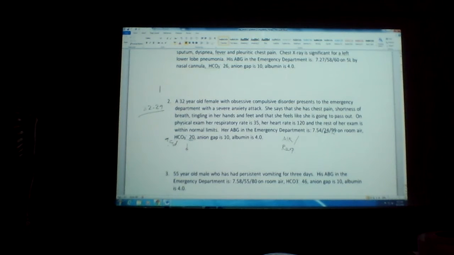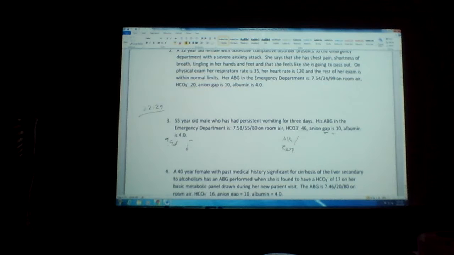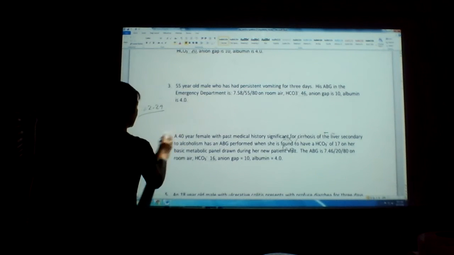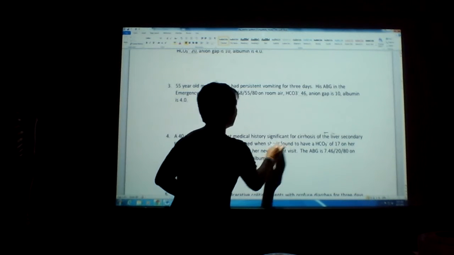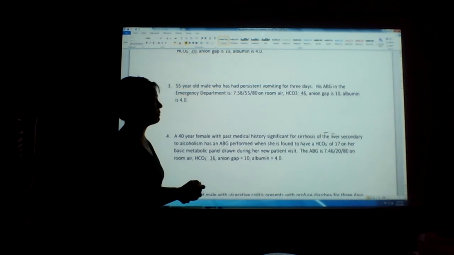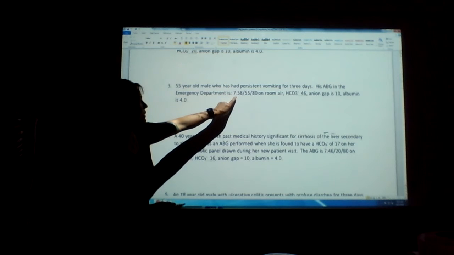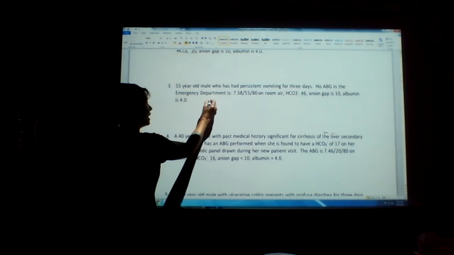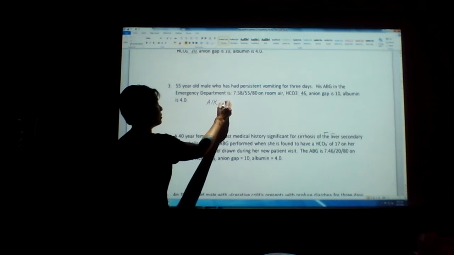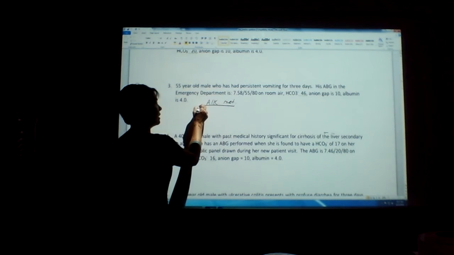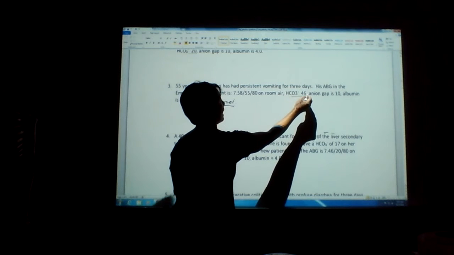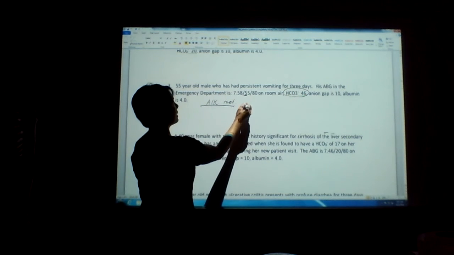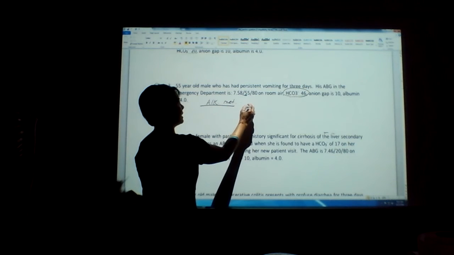Oh, now vomiting. So I know this must be metabolic, right? So vomiting, I'm thinking metabolic. Then the pH, 7.58. So that must be alkalosis, right? Metabolic alkalosis maybe. And look, the bicarb is high. So obviously metabolic alkalosis. But look at the carbon dioxide. The carbon dioxide is 55.